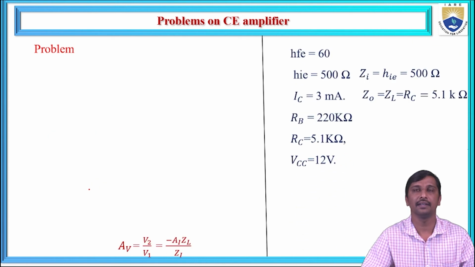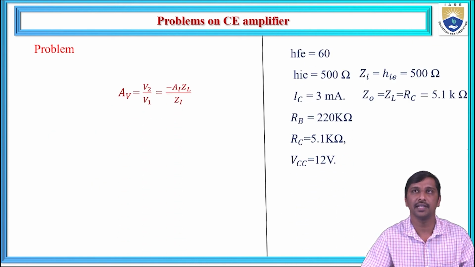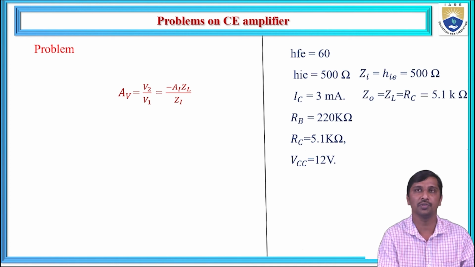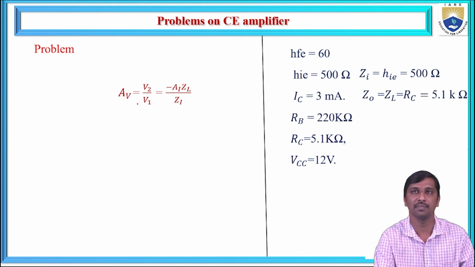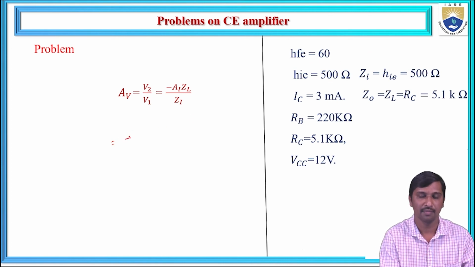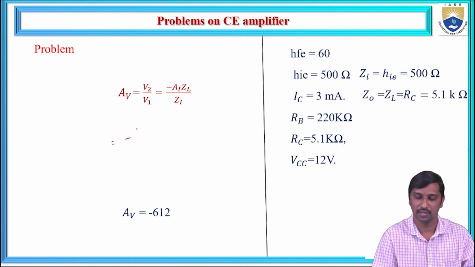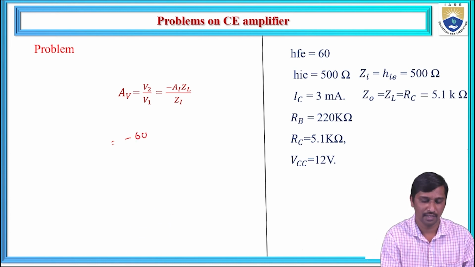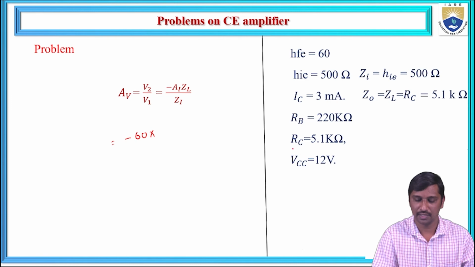Now we need to calculate the voltage gain as well as the current gain. The voltage gain of the common emitter amplifier based on the h model analysis is equal to minus Ai times ZL by Zi. Ai is represented as hfe, that is minus 60, into ZL, which is equal to RC, 5.1 kilo ohms.